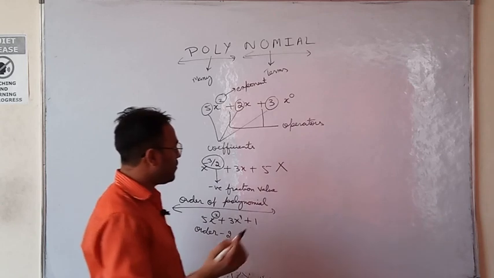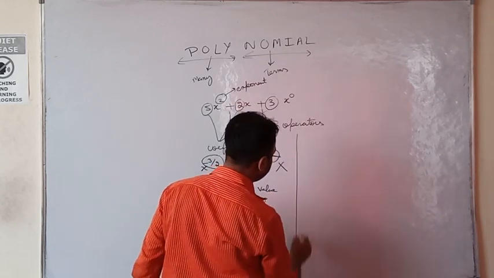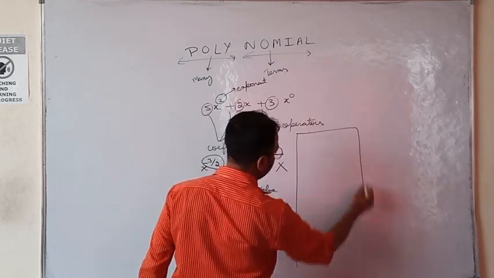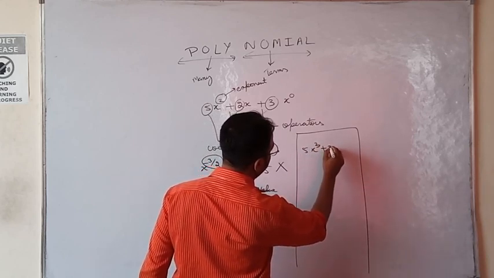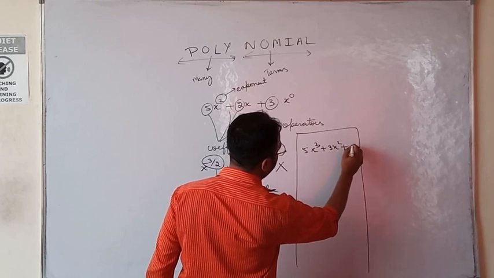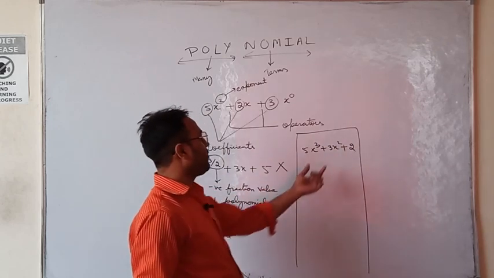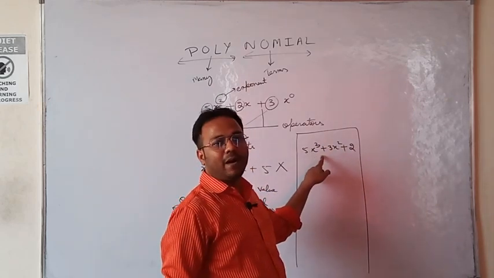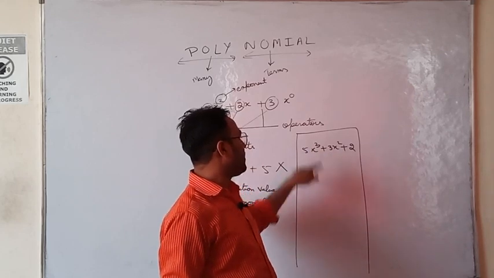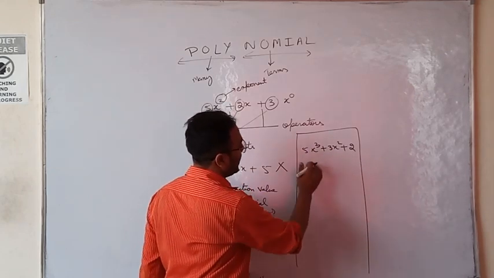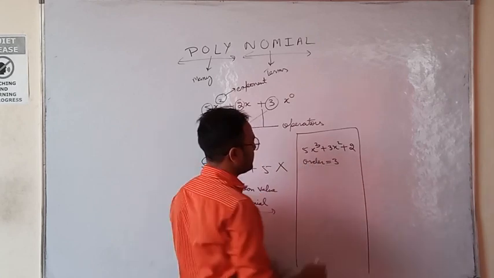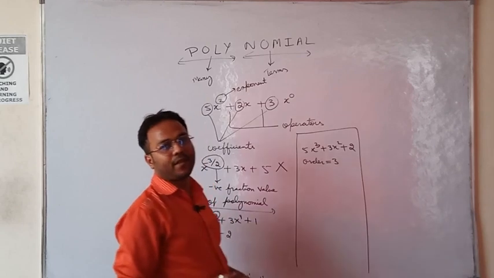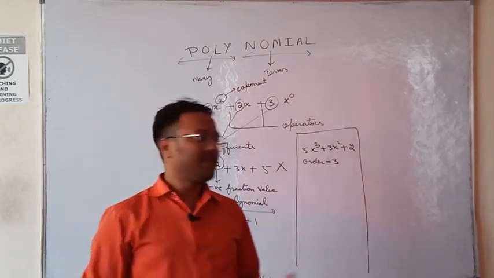Now take one more example, 5x cube plus 3x square plus 2. Here you can see the maximum power of the variable is x to the power 3. So 3 is considered the order of the polynomial. I hope you understand till this point.